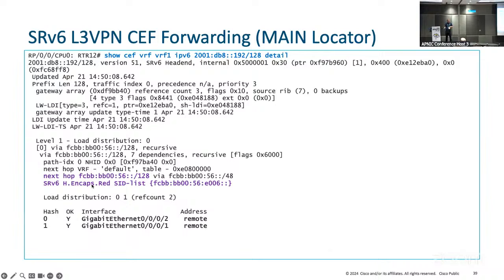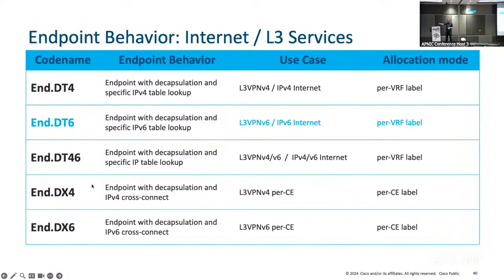So that's how BGP encapsulates, because you tell it you want a BGP-enabled SRv6 main locator, and it follows your instruction exactly to do the encapsulation for the VPNv6 service. Okay, so now the packet goes from the source node all the way to the egress node, right?